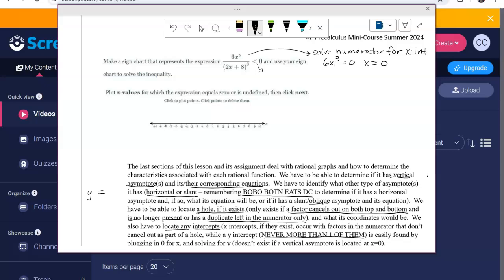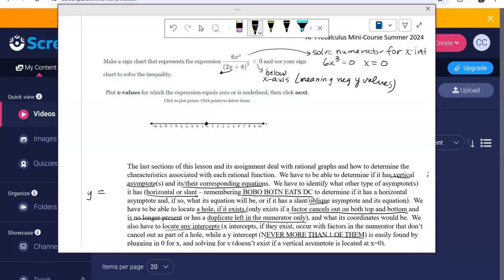I'm being asked now to find when the graph is below the x-axis, meaning it's got negative y values. So 0 is a place where this graph potentially crosses the x-axis, an x-intercept.